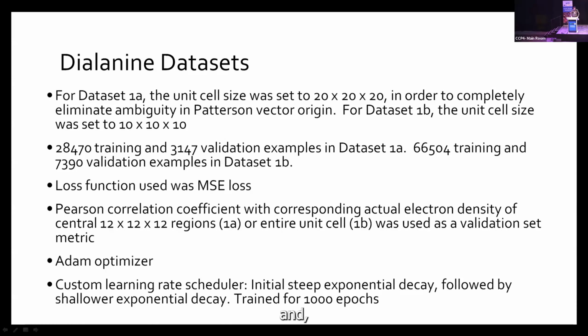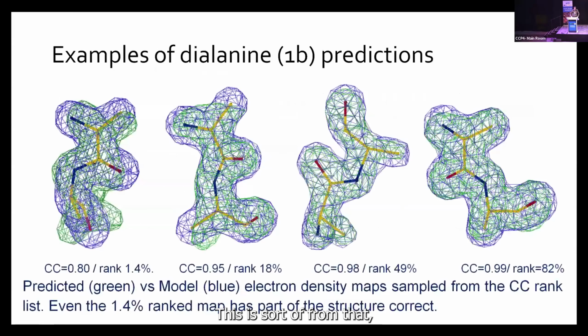This is from that second, tighter cell, where the prediction is in green and the model is in blue. Even the very low ranked structures are fitting fairly well, and the high ranked structures fit very, very well.